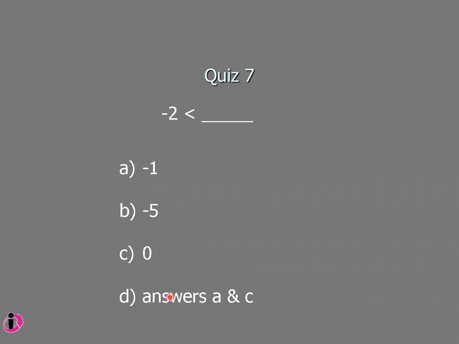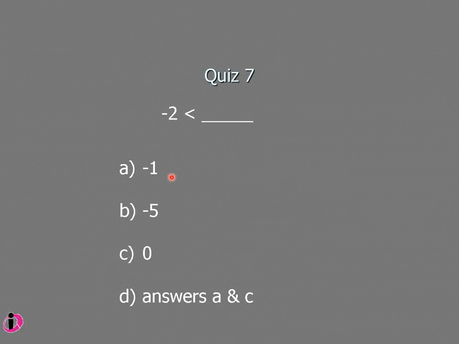Okay. Negative 2 is less than which one? I think the right answer is D, because you have 2 right choices here. Negative 2 is less than negative 1. Think about the number line. So the right answer is A and C both, so the right answer is actually D. Because if you think about the negative numbers, you have 0, then negative 1, then negative 2.